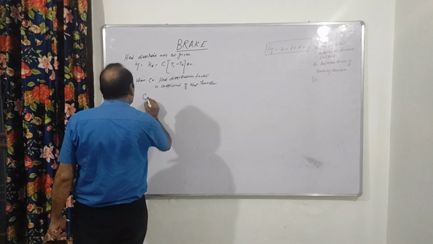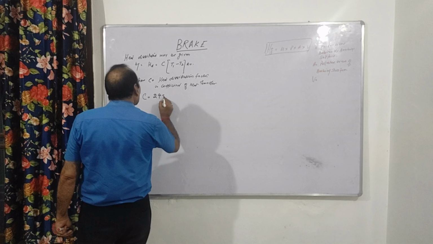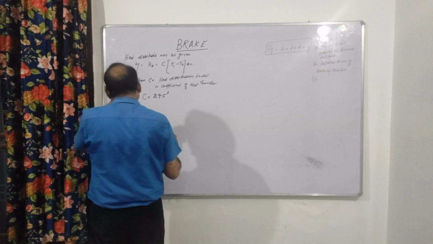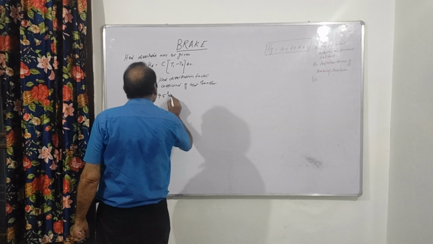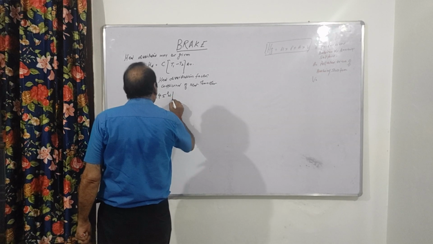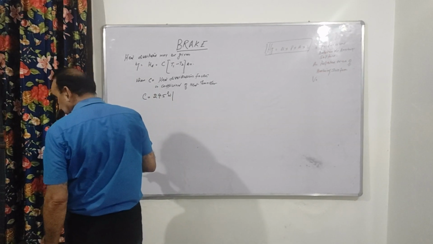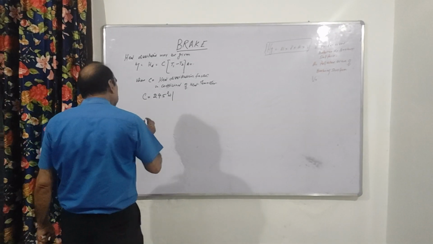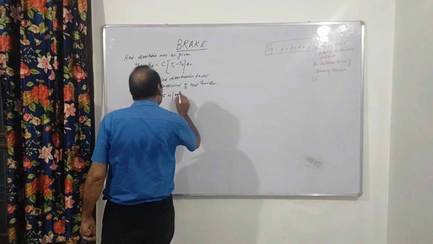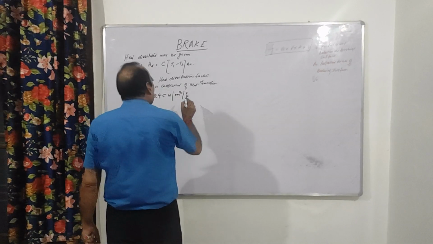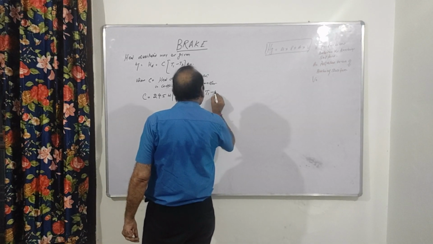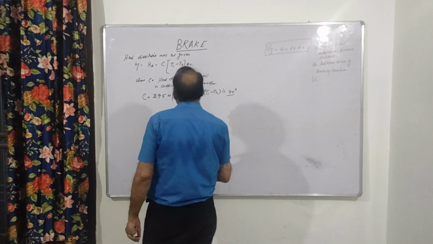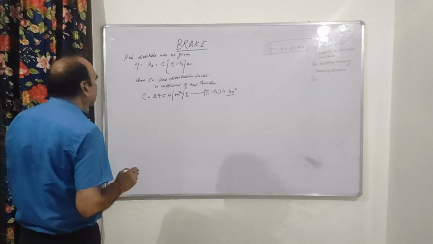So C का जो value है, you remember it, 29.5 W per meter cube per degree centigrade, when the difference in temperature T1 minus T2 is 40 degrees or less than this, right?